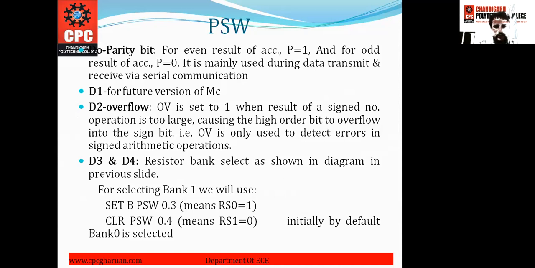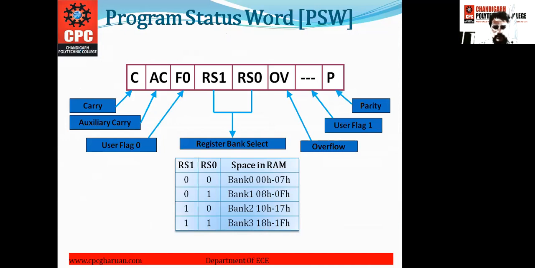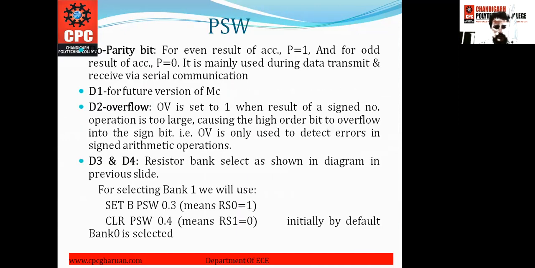Next is the D3 and D4 bit, that is used for register bank select as shown in the diagram in the previous slide. As you can see here, for selecting bank 1, we will use SETB PSW.3, which means RS0 is equal to 1, and CLR PSW.4, which means RS1 is equal to 0.